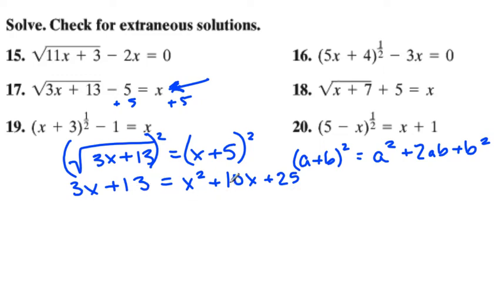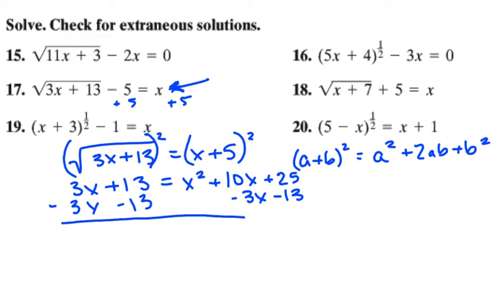Okay, I have more terms on the right, and it looks like it would just be easier to eliminate the ones from the left and move it to the right. So I'm going to subtract 3x from both sides and also subtract 13.